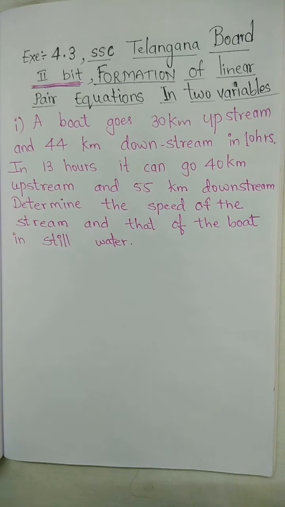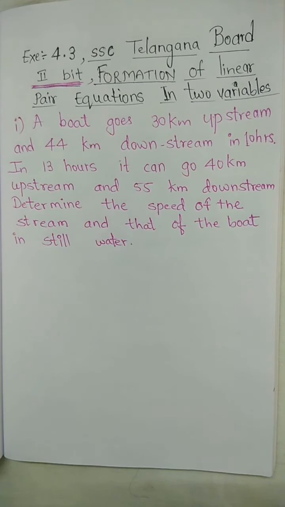During downstream. And speed of boat will be less during upstream. Because in upstream, the water speed is opposite to the boat. And during downstream, water speed and boat speed are in the same direction.